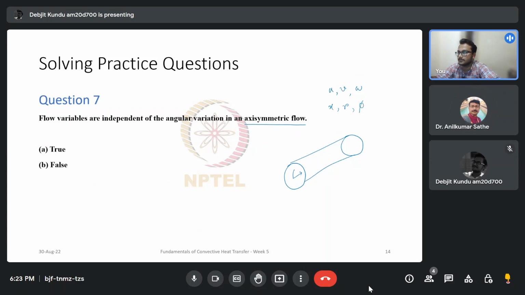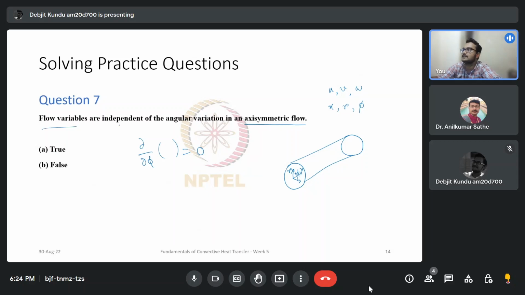If we look at this cylindrical polar system, where this is x, this is r, and the angular component we can call phi. Axisymmetric means that dou phi of anything, any variable, is equal to zero. Symmetric about the axis.